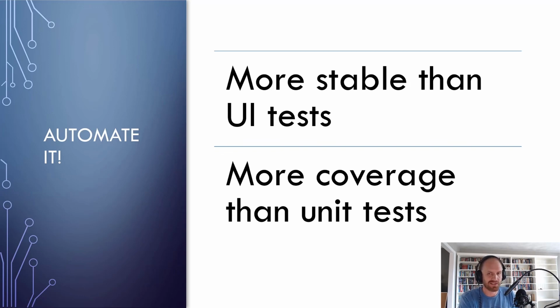So API tests are almost always more stable than UI tests, and they've got a lot more coverage than unit tests and integration tests, and really almost as much coverage as a UI test as well. So it's a pretty good trade-off between the two. So definitely spend some time automating API tests. It generally has a pretty good payoff.